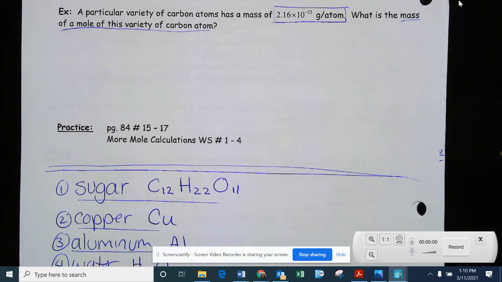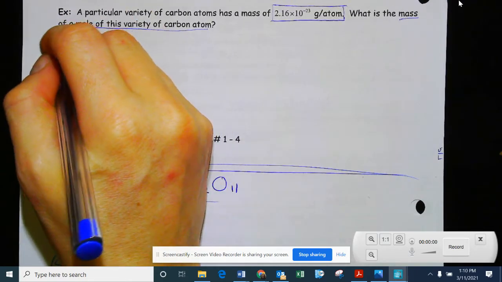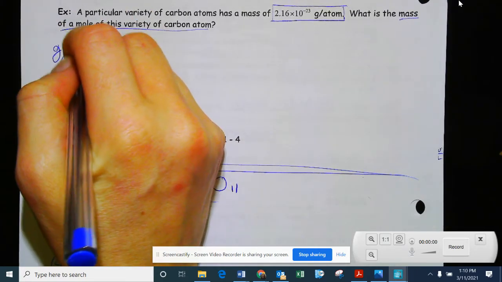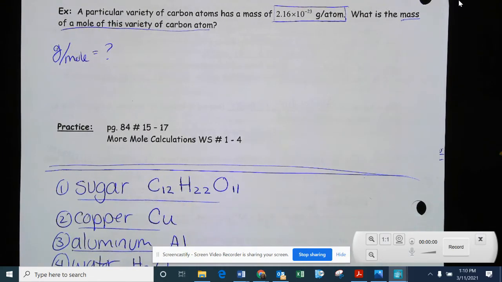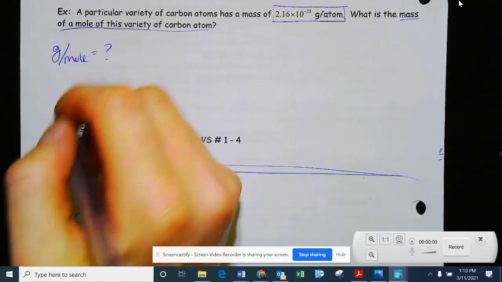We want to know grams per mole of carbon.